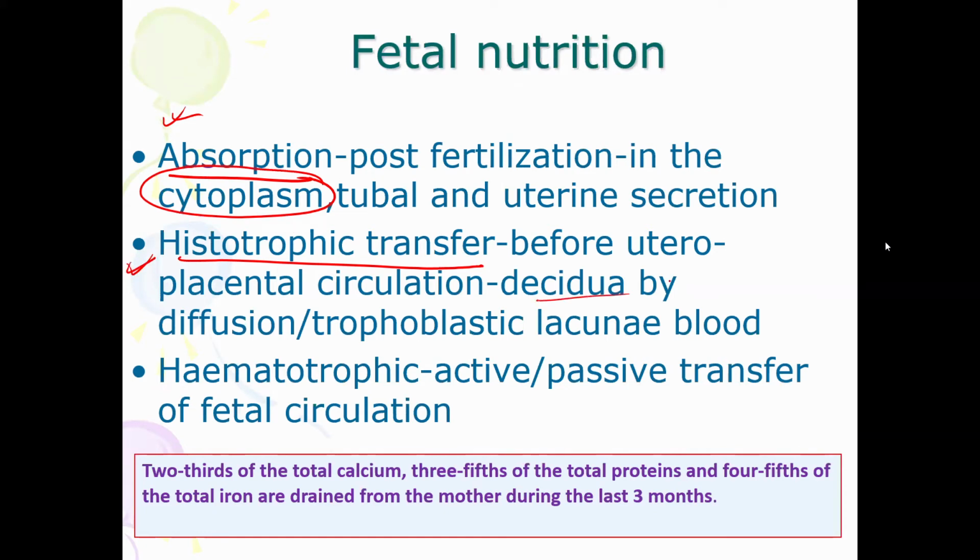Okay, decidua, mainly by diffusion, and later by the trophoblastic lacunae blood. This trophoblastic lacunae blood is basically a hematotrophic transfer, whereas histiotropic means tissue transfer. So before uteroplacental circulation, it is mainly by diffusion.